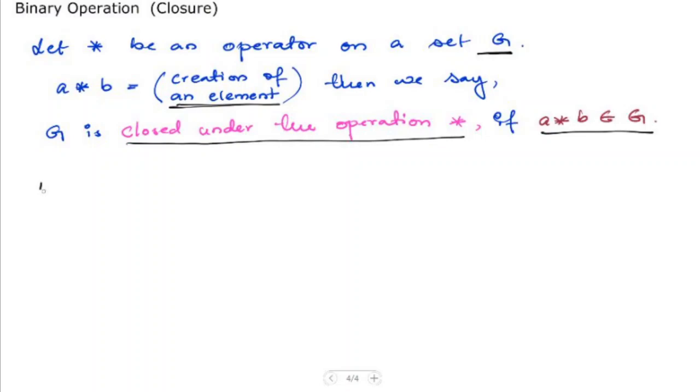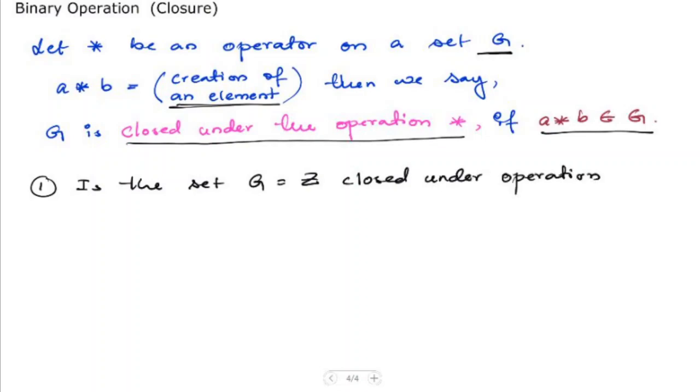So here, let's take a question that says, is the set G equal to integer numbers Z closed under operation star given by A star B is equal to A minus 5B.